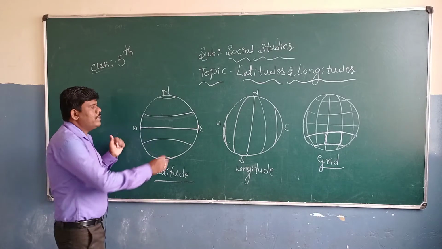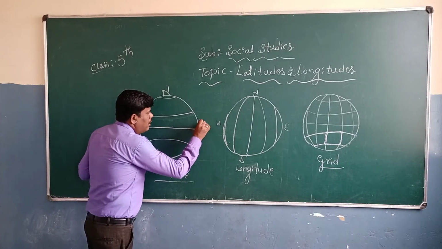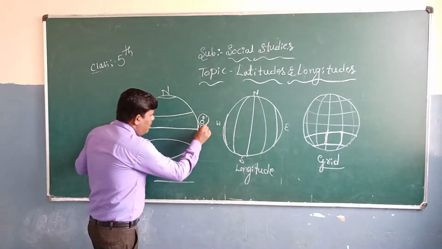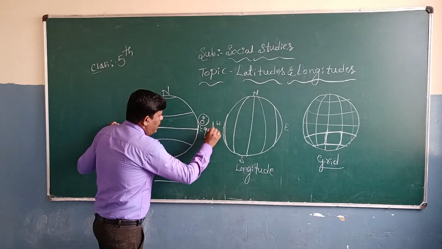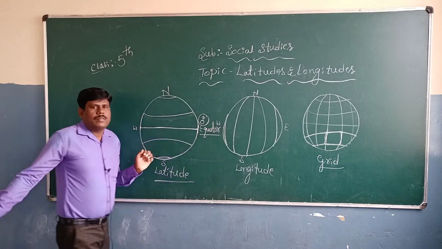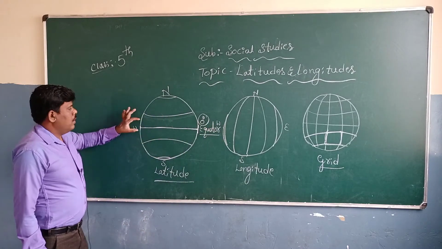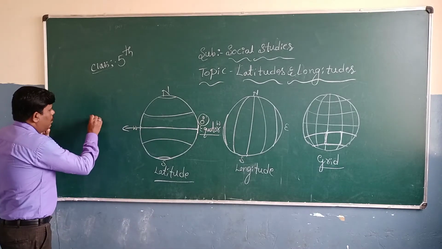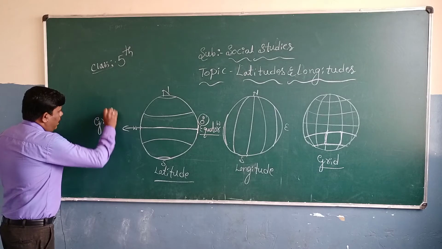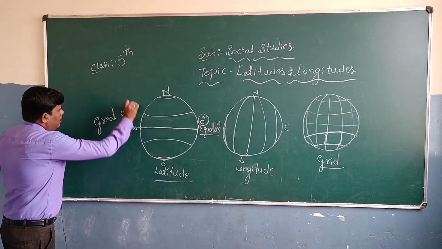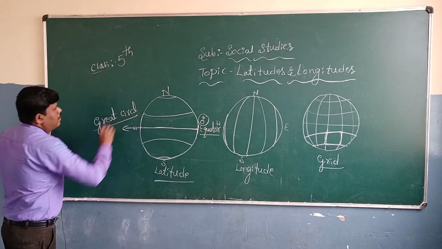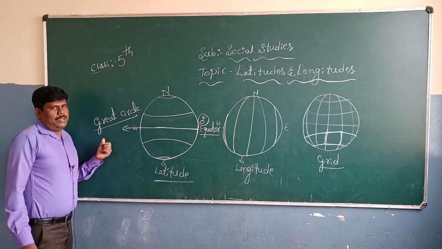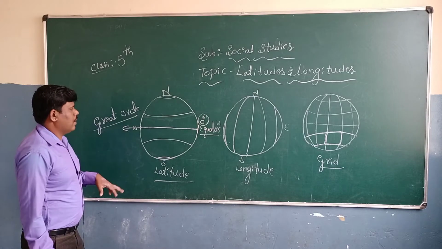The measurement of this line is 0 degrees. This equator is called a great circle.